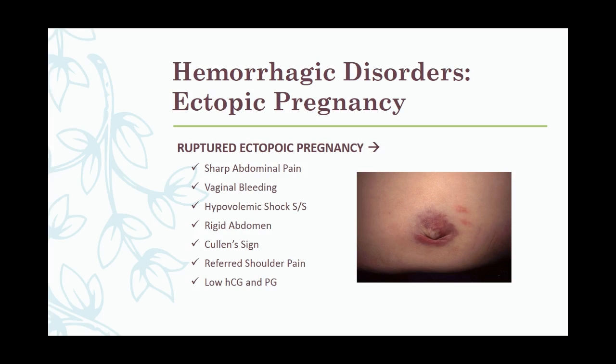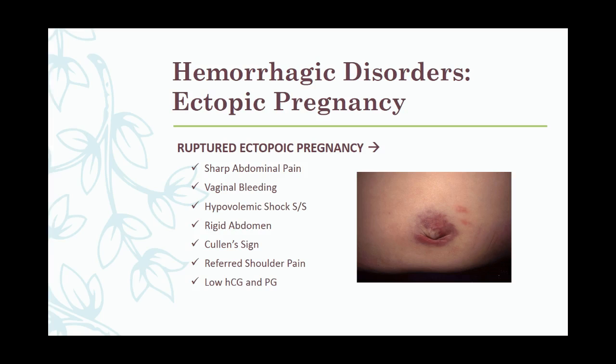Here is an example of a ruptured ectopic pregnancy and some of the different signs and symptoms you will see. So like I said, sharp abdominal pain, vaginal bleeding you may or may not see, hypovolemic shock signs and symptoms, so that's your tachycardia, your tachypnea, your hypotension, anxiety, all of those different things.